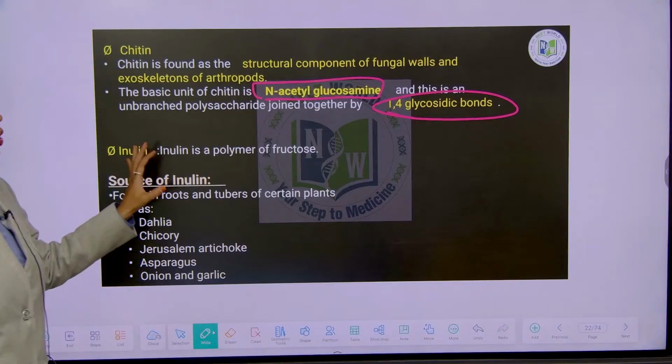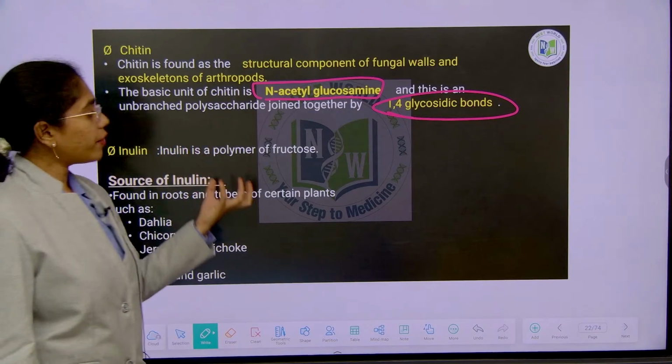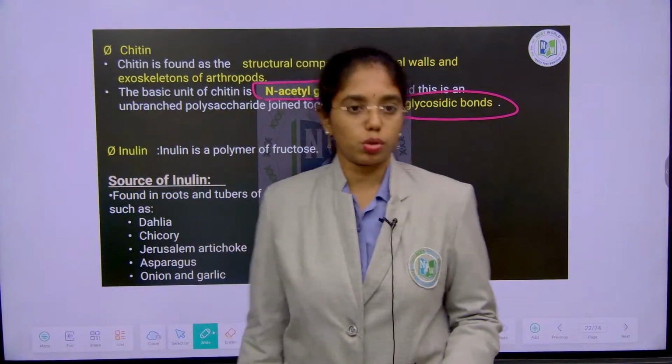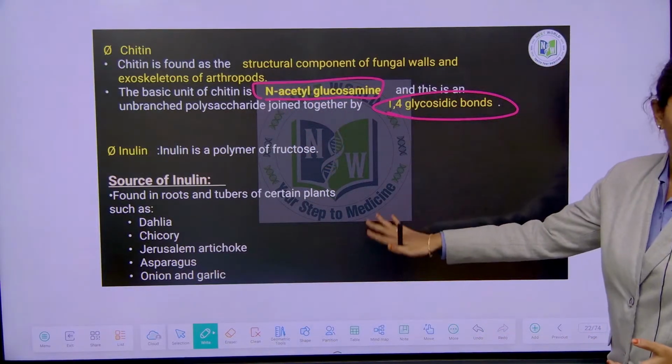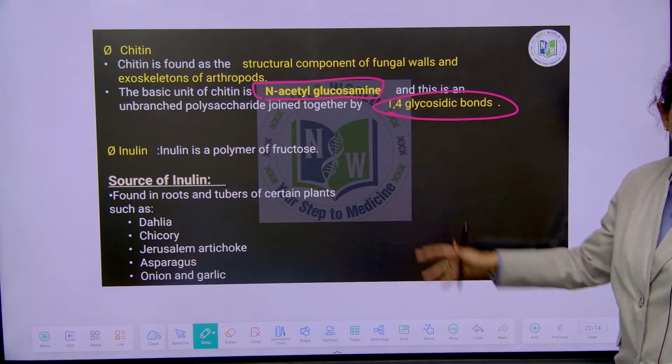So inulin, which is a modified polymer, is a polymer of fructose. Okay. So what are the sources of inulin? This they will never ask you, but I have given it for general knowledge.